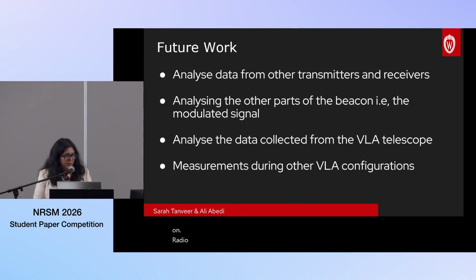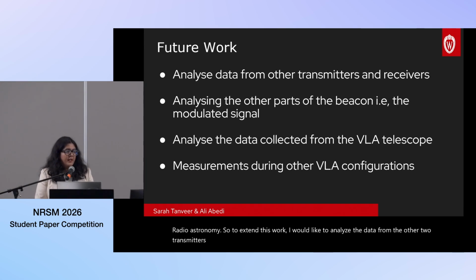So to extend this work, I would like to analyze the data from the other transmitters as well as the other parts of the beacon. Secondly, the telescope itself was also collecting some measurements during the experiment, so it would be interesting to note what the data says from that.